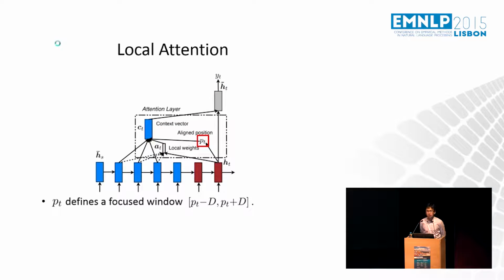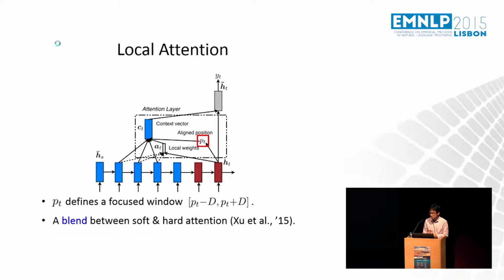So for the local attention, everything stays the same, except for one part where I try to predict the aligned position PT. And this PT defines a focused attention where I only look at the window from PT minus D to PT plus D. So I won't look at the entire source hidden state, but only at the hidden states within this window.